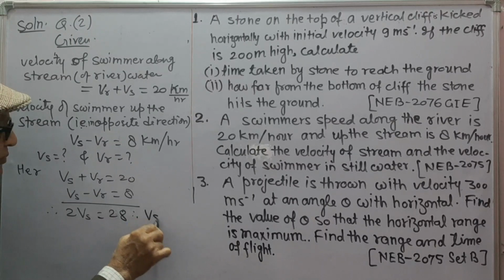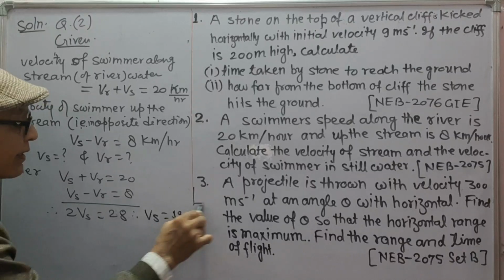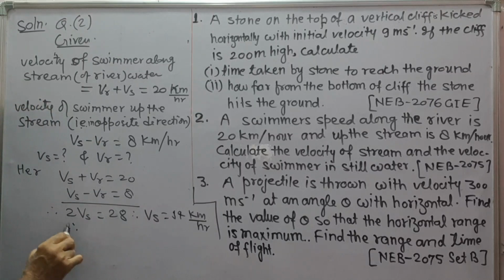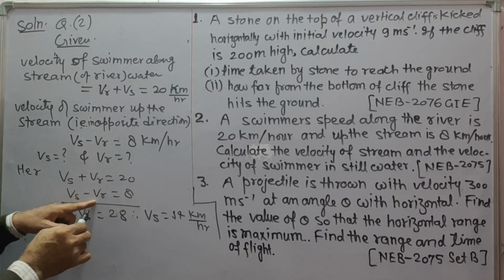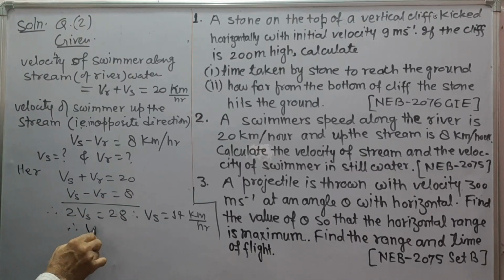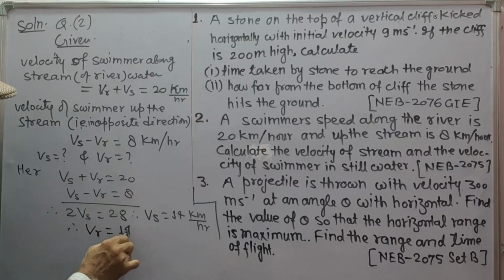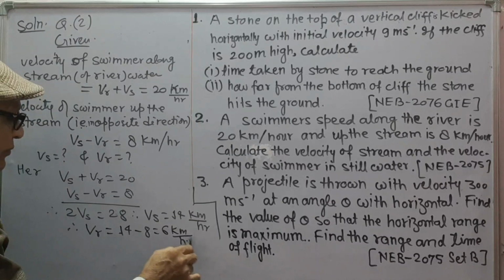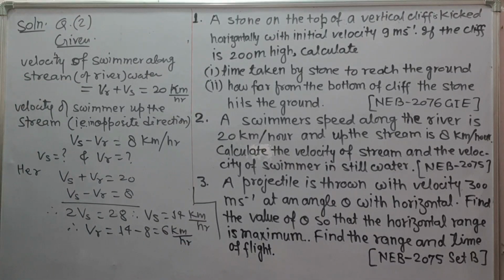Therefore, V swimmer will be equal to 14 km per hour and therefore V river will be 14 minus 8, means 6 km per hour. So the water is flowing with velocity 6 km per hour and swimmer is swimming at 14 km per hour.